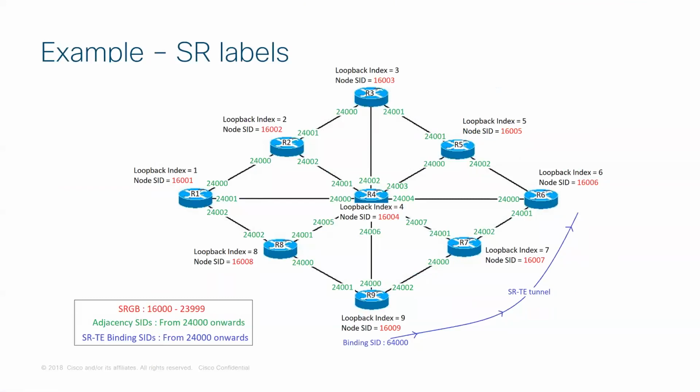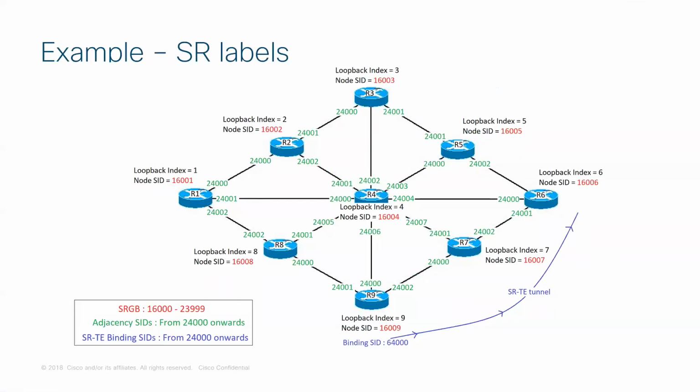We haven't looked at node SIDs yet, but node SID is global in nature. So 16,006, everybody in the network knows that it is R6's label. Because it's global, if a packet comes anywhere into the network with top label 16,006, it means go to R6.